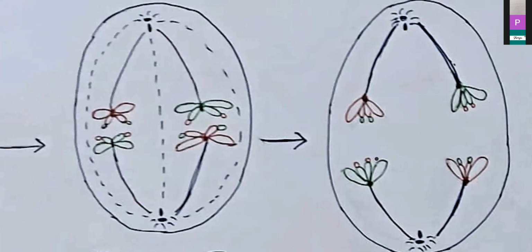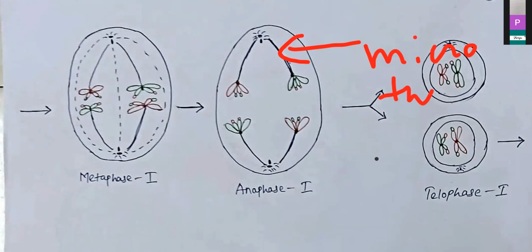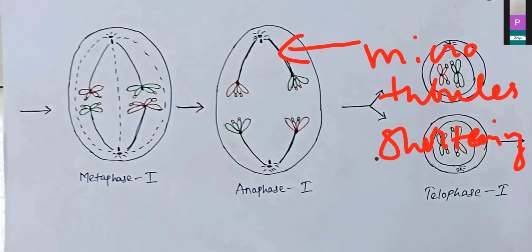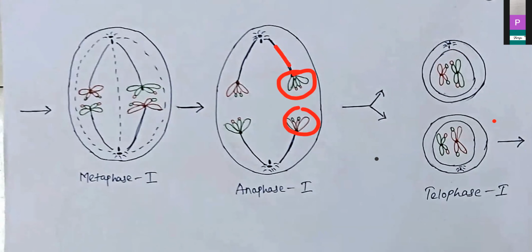Now, as usual, what happens is the shortening of microtubules. These microtubules undergo the process of what? Shortening. When they undergo shortening, what is likely to happen? These two members, the homologous chromosomes, will be migrating towards the opposite poles.